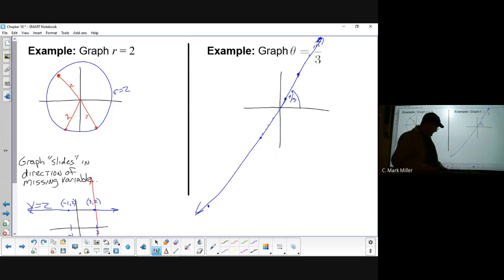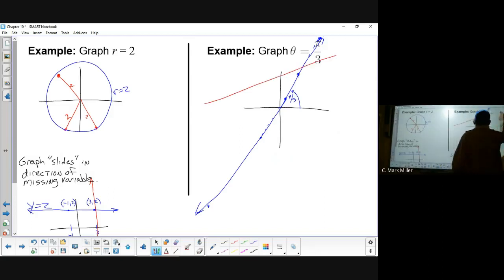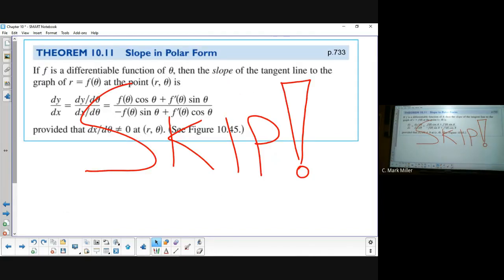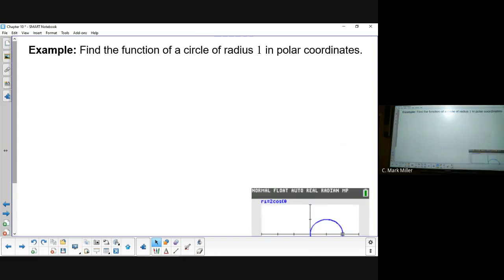It turns out, we're not going to do it now, but for y equals mx plus b, I can graph that in polar. For one thing, I know what x and y are in polar. But we're not going to do slope in polar form now.